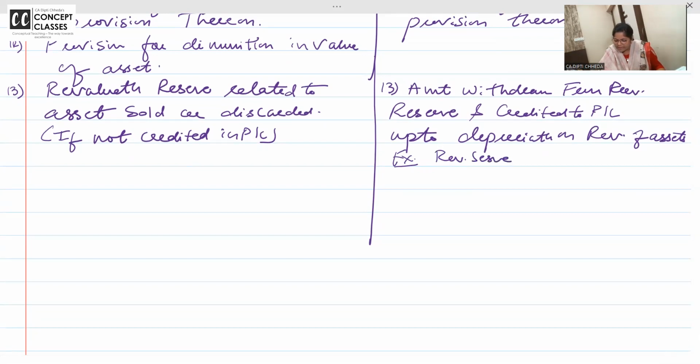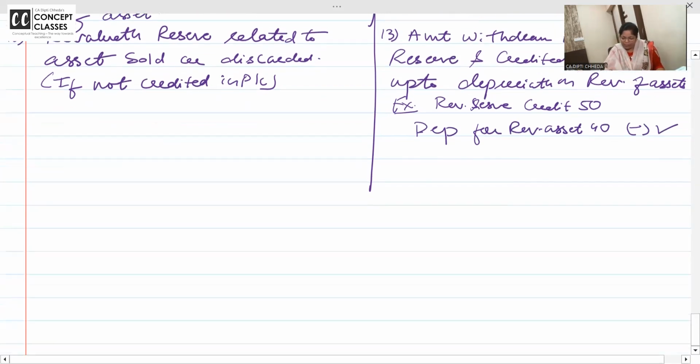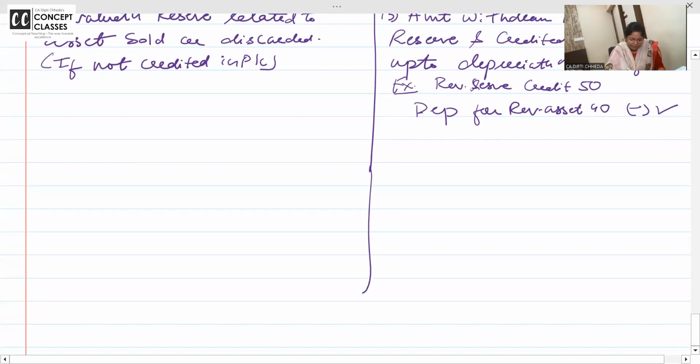Revaluation reserve related to assets sold, credited 50. Depreciation for the revalued asset is 40. Then minus 40, not 50. Up to 40. You deduct up to 40, and pay tax on the rest.